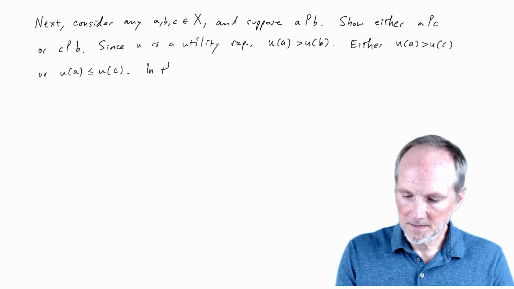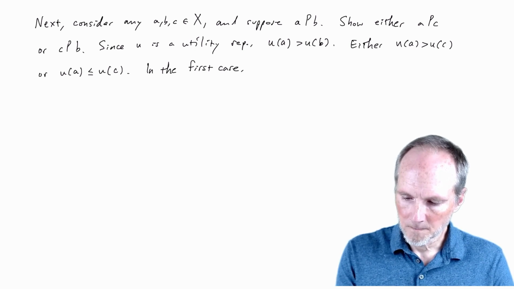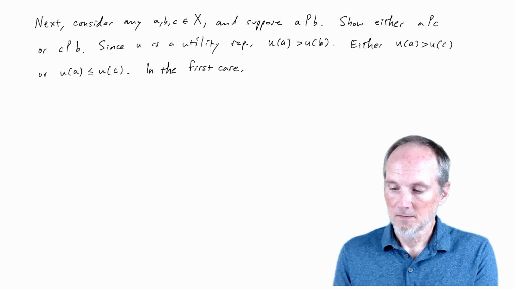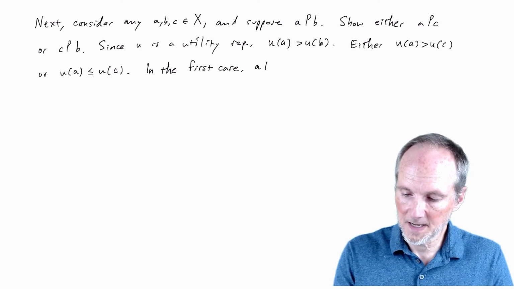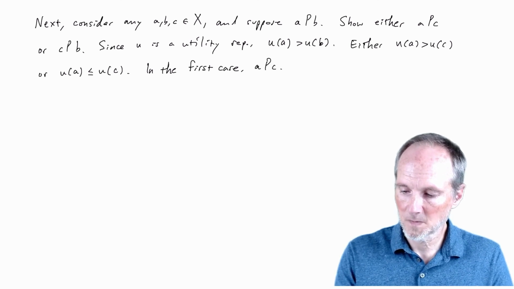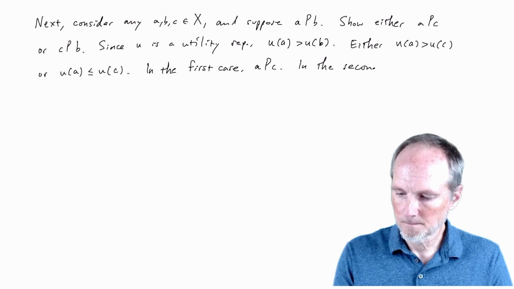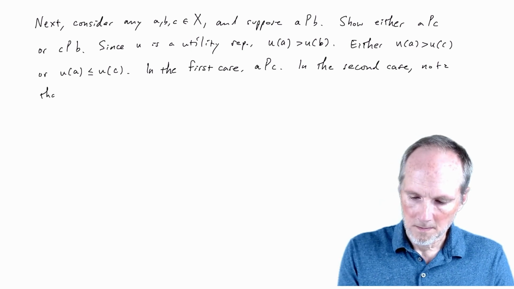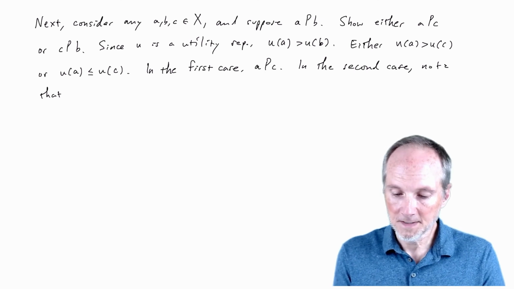In the first case, since U is a utility representation of P, and A has a higher utility than C, that means A is strictly preferred to C. In the second case, let's put two things together here.